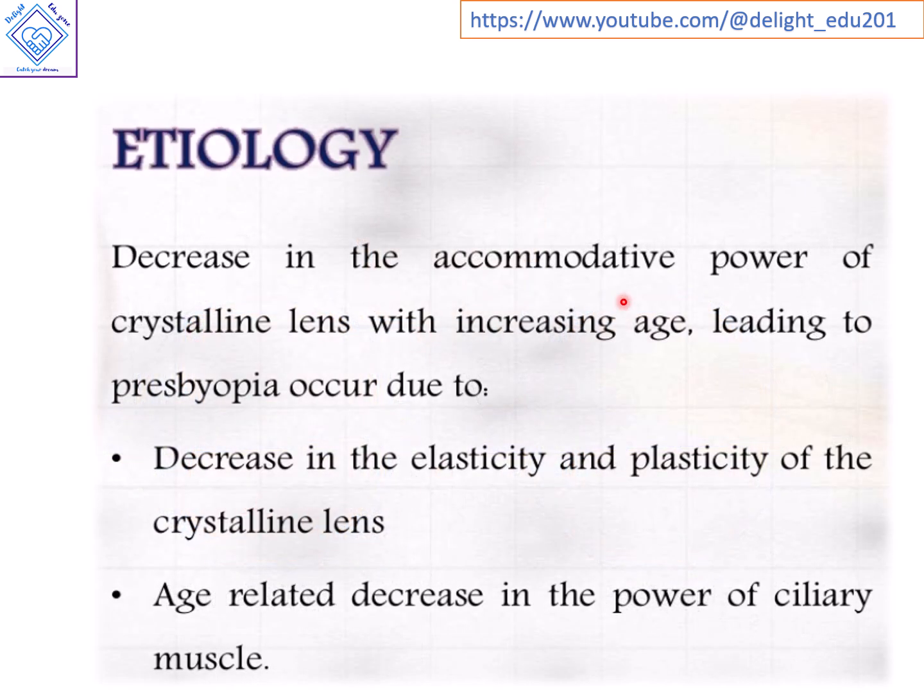Etiology: decrease in the accommodative power of the crystalline lens with increasing age, leading to presbyopia. It usually occurs due to decrease in the elasticity and plasticity of the crystalline lens and an age-related decrease in the power of the ciliary muscle.